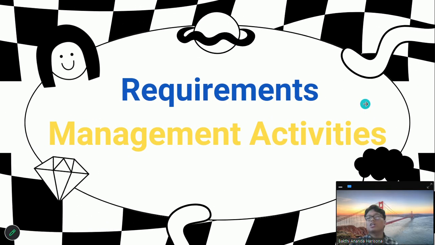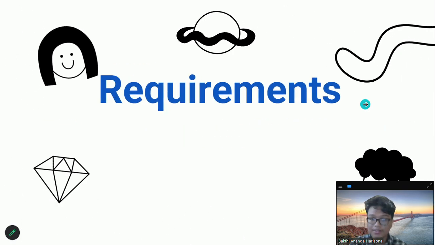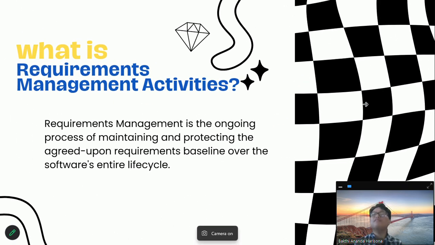Next, we will talk about requirements management activities. Requirements management activities is the ongoing process of maintaining and protecting the agreed upon requirements baseline over the entire software life cycle.